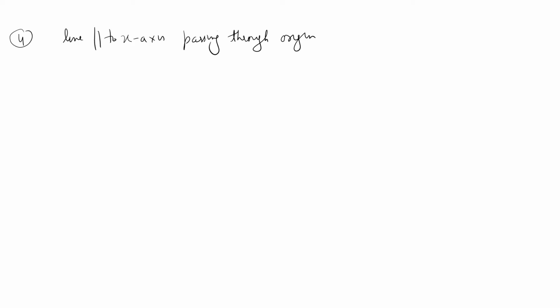So here we know the direction ratios, or we will say direction cosines, of any line parallel to the x-axis. On the x-axis you will find just the x coordinate will be there, so they are 1, 0, 0. Remember that.